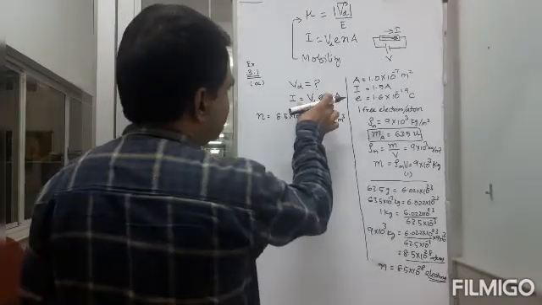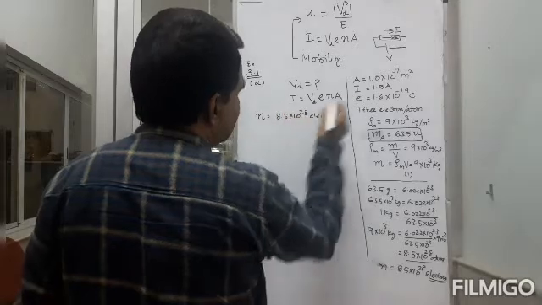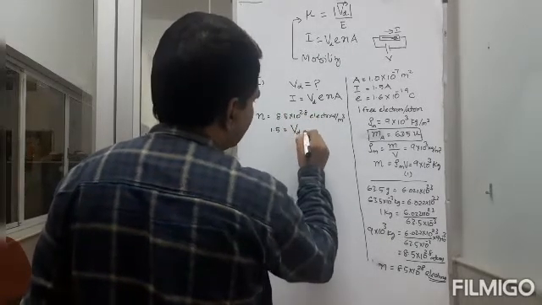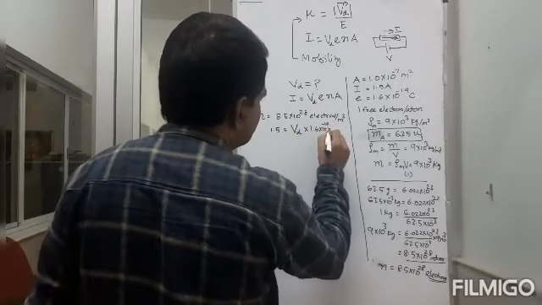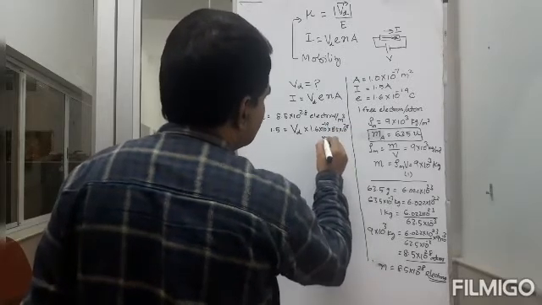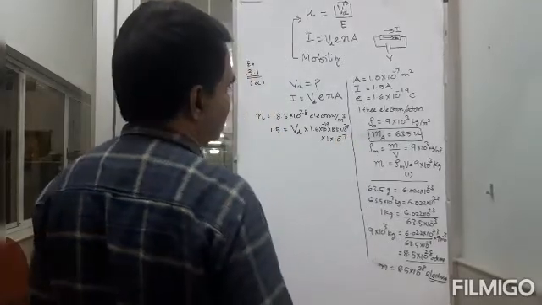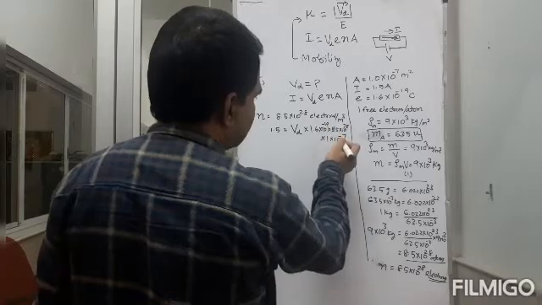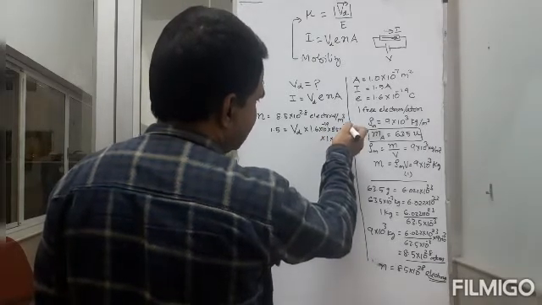So I can use this and find Vd, right? What is I? I is 1.5, equal to Vd, which I don't know, times e, which is 1.6 into 10 power minus 19, then n, which is 8.5 into 10 power 28, and then A, which is 1 into 10 power minus 7. So 10 power minus 7, 19, 26, this cancels, and 10 power 2 is what you will get here.